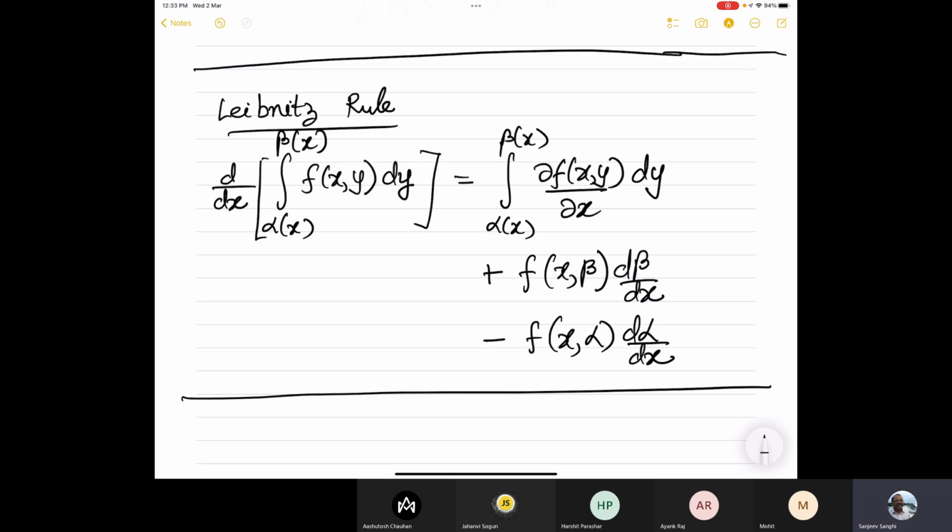Essentially what this is doing is taking care of the change in f with x, which has taken place over this range of delta y. Over this range delta y, there is a change in f with respect to x, and that is accounted for by the last two terms.